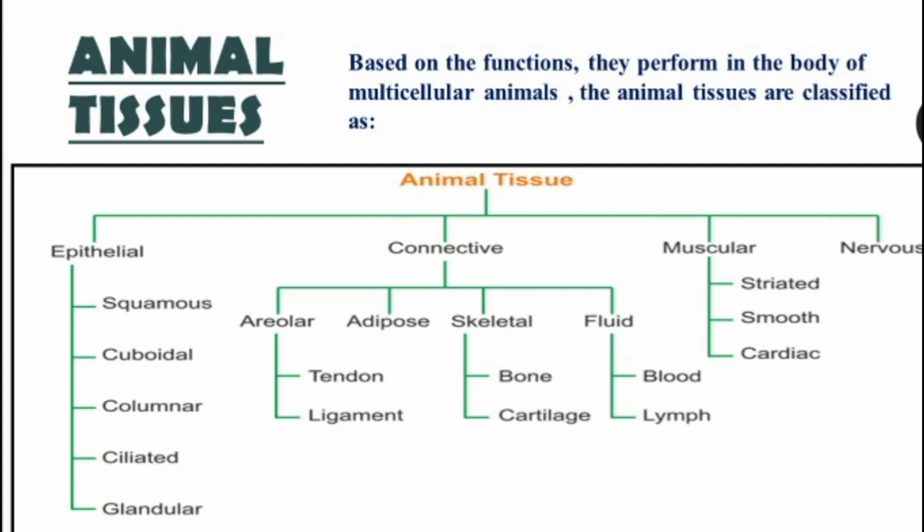And the third one, cardiac muscle. This cardiac muscle is present exclusively in the heart. And the fourth one, nervous tissue. This nervous tissue conducts and transfers information from the brain to other parts of the body, and also conducts nerve impulses. These are the classification of animal tissue.